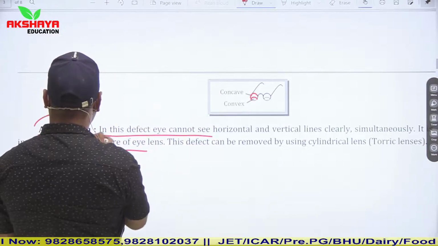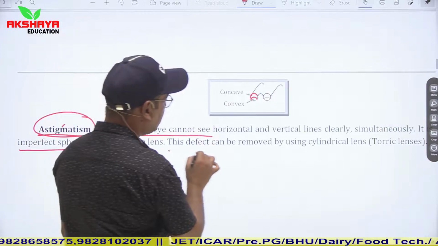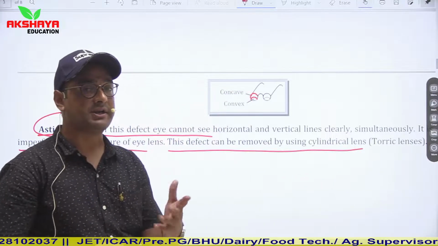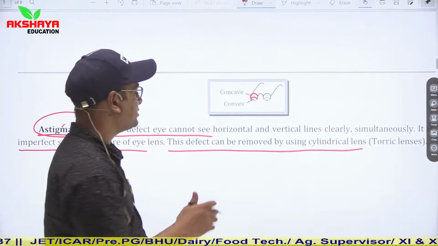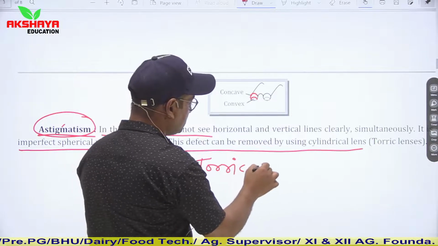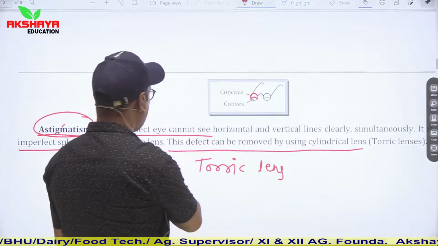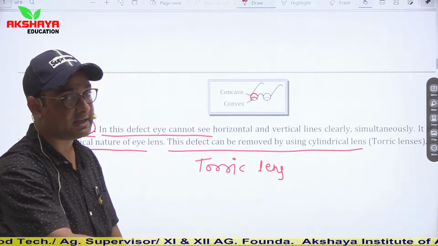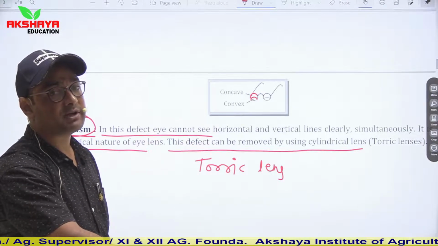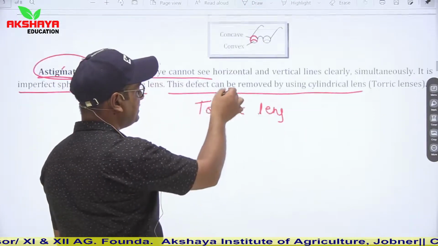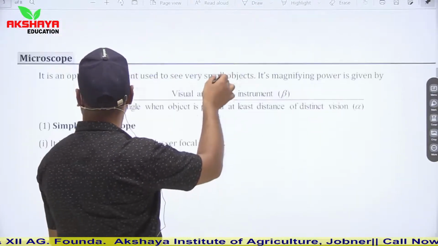This defect can be removed by using a cylindrical lens, which is generally known as a toric lens. So astigmatism can be corrected by using a cylindrical lens, as there is an improper shape of the spherical lens. So these are the eye defects of a human eye.